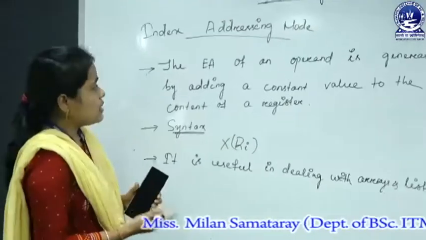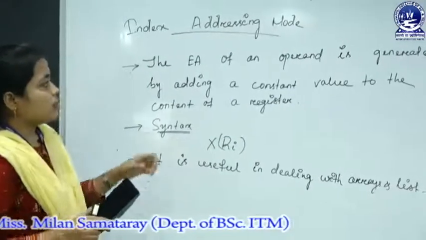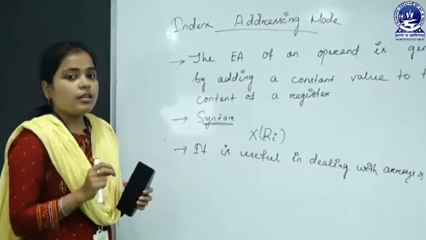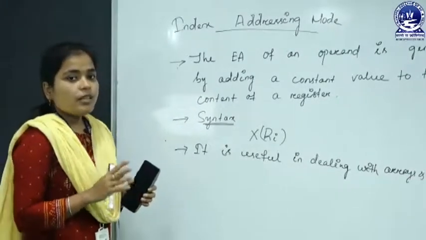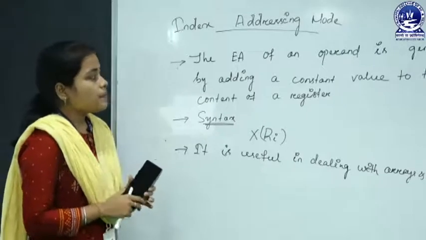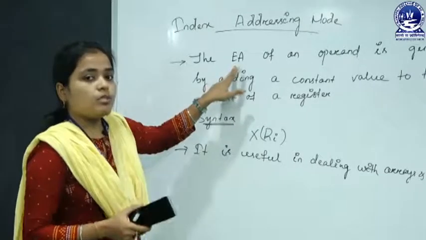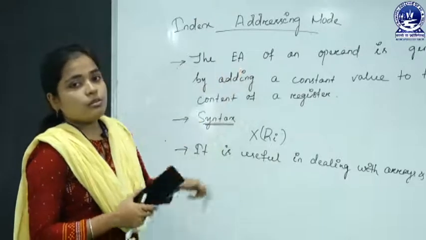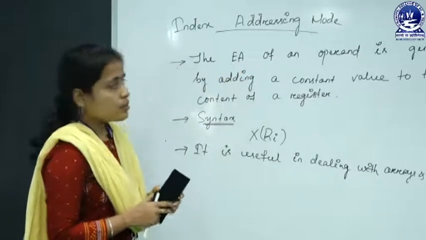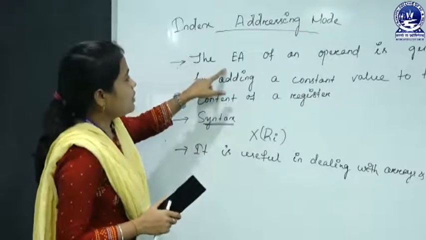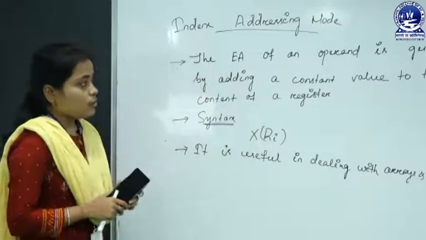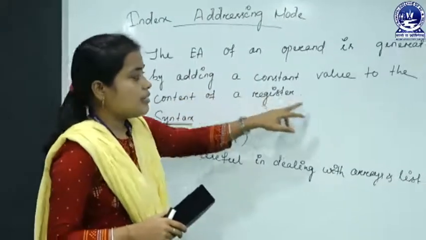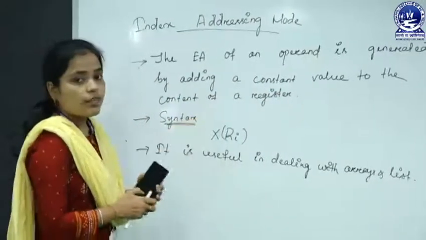In the index addressing mode, as I have already told you, for every addressing mode we have to calculate the effective address. What does the effective address define? It gives the actual position of an operand, on which we need to do our operations. So, for calculating the effective address in index addressing mode, we have to add a constant value to the content of a register.